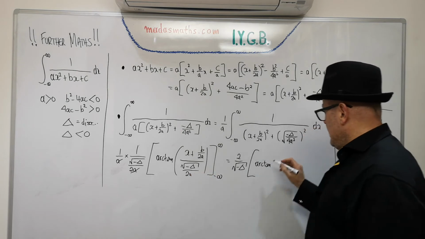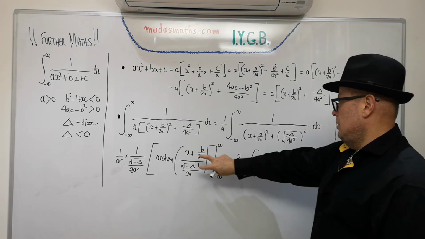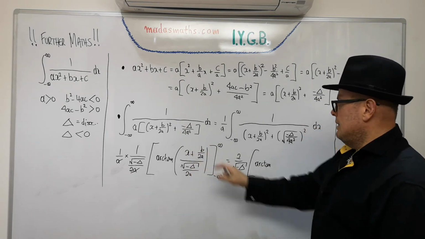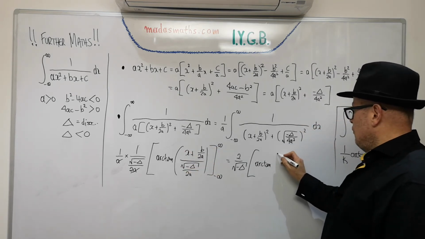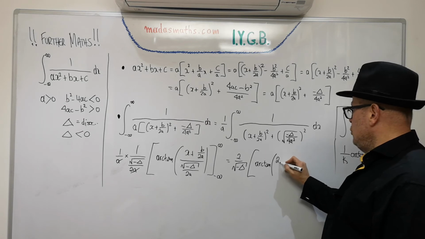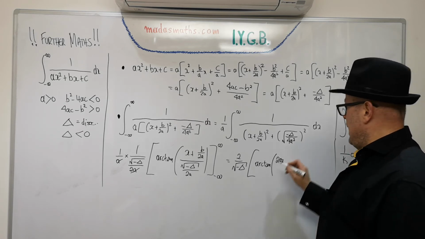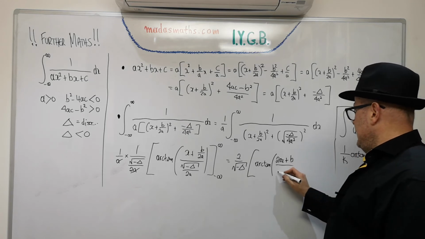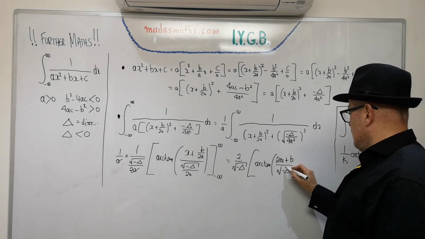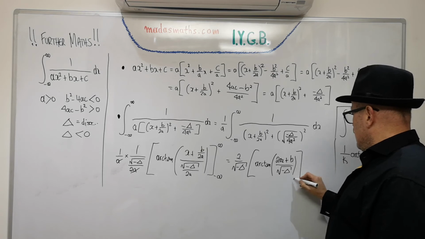I'm going to multiply this to the top, think of it as multiplying top and bottom of this fraction by 2a, so it's going to give me the arctan of 2ax plus b over the negative of the discriminant. Hope I haven't made any mistakes there.